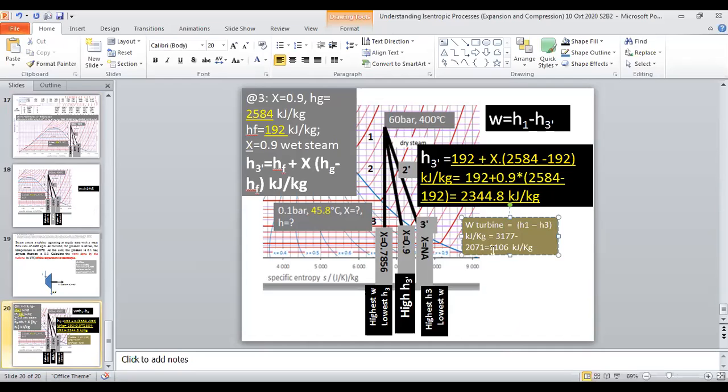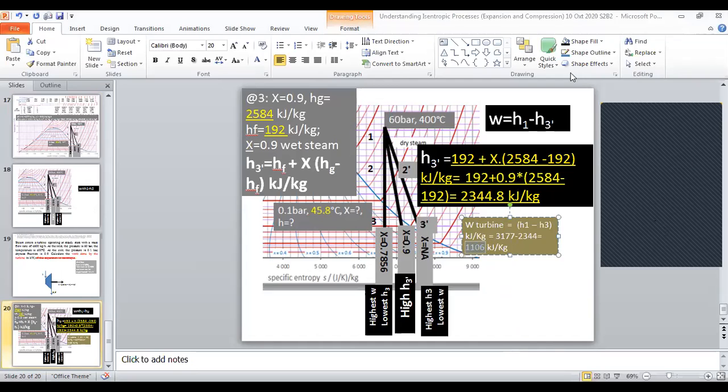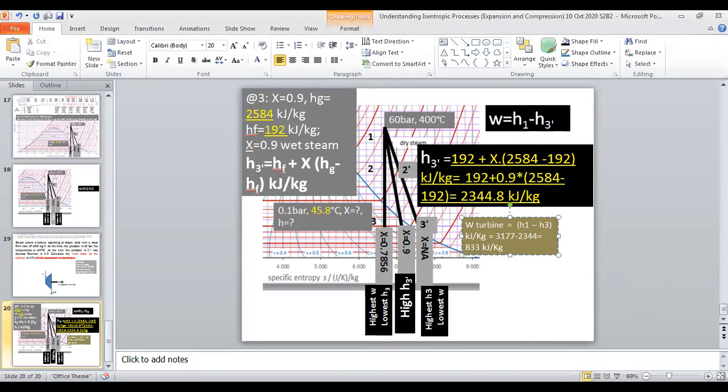Now, H1 minus H3 dash: 3177 minus 2344 is something different. 3177 minus 2344 is 833 kilojoule per kilogram.